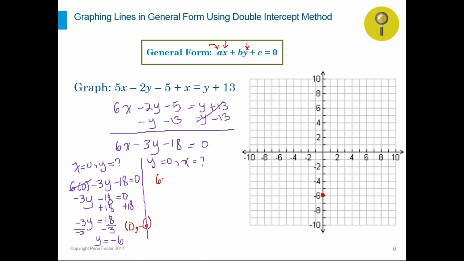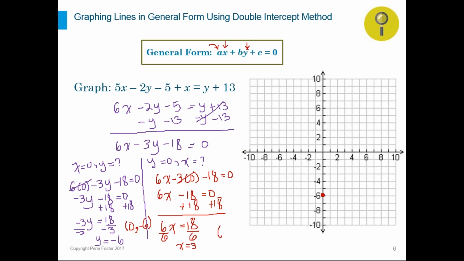So we're going to have 6x minus 3 times 0 minus 18 equals 0. Now we have 6x, that's gone, minus 18 equals 0. Add 18 to both sides. So you have 6x equals 18, divide over 6 and divide over 6, x equals 3.